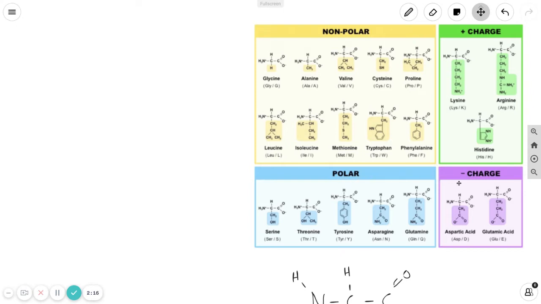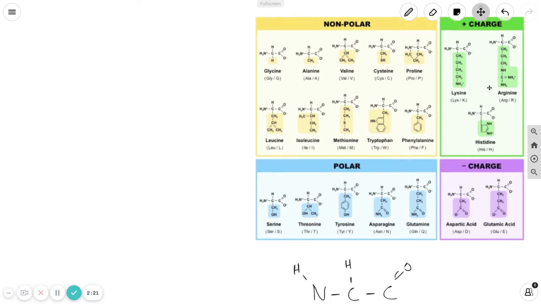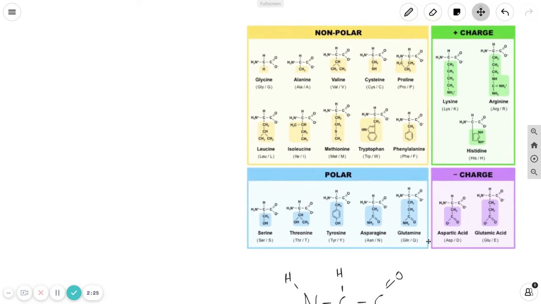And then some R groups are just a completely negative charge, and other ones are a positive charge. So in terms of bond forming, you can get ionic bonds forming when positive and negative charges come together. So there's going to be lots of different behaviors taking place based on the different R groups.